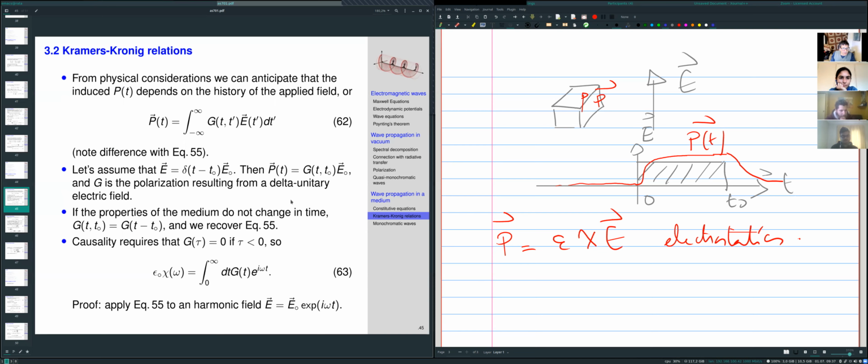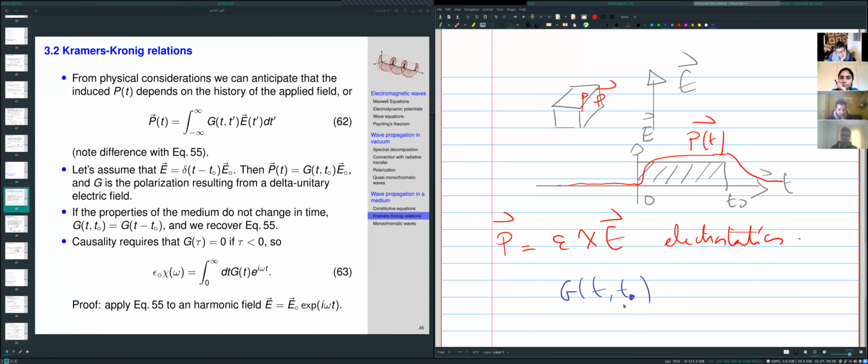So G would be the polarization resulting from one delta unitary electric pulse. And now the idea is to say that the time dependence of this kernel G times t0 does not depend.